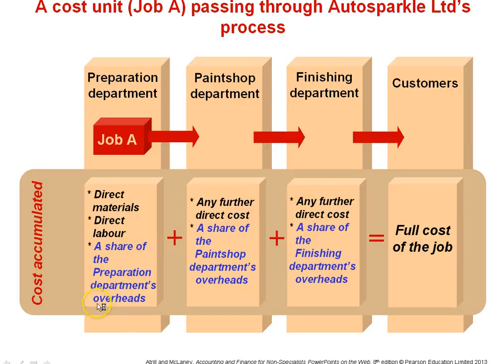And then I was talking on the previous slide about sharing out our fixed costs between the departments on some sort of basis: number of employees, the floor space, that sort of thing. So a share of the preparation department's overhead, so we assume that we've allocated our overheads to the three departments here, and then each job that goes through the department is going to pick up a certain amount of overheads to add to it.